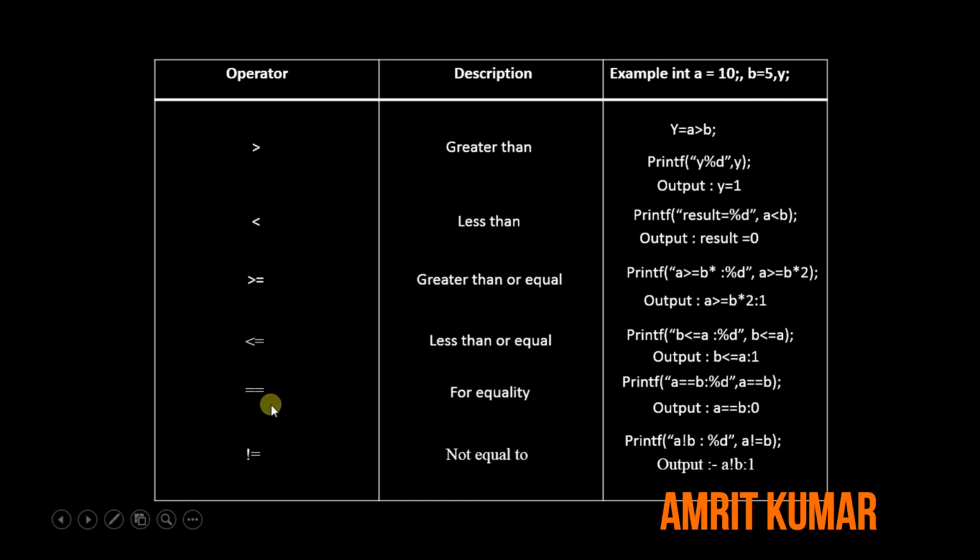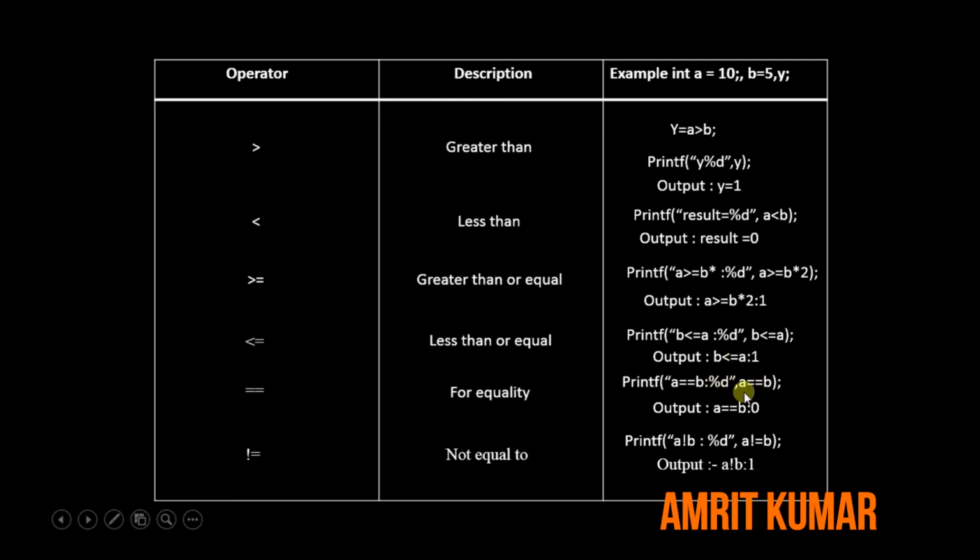The next operator is the equality operator, or we call it the equal to operator. So here you are seeing A equal to B, colon percentage d. This is a format specifier, so it is going to be replaced with this value. Whatever value it is going to return, that will be replaced here with this format specifier.